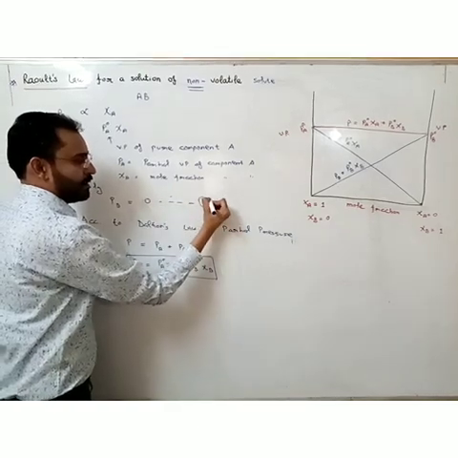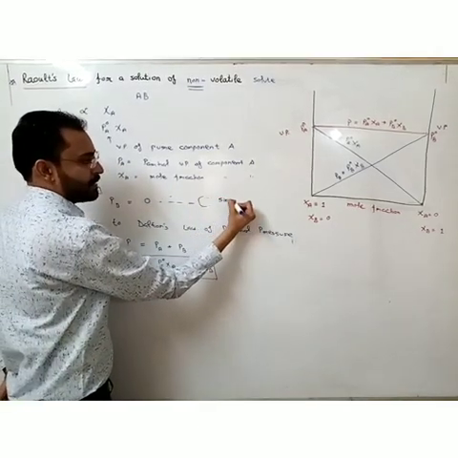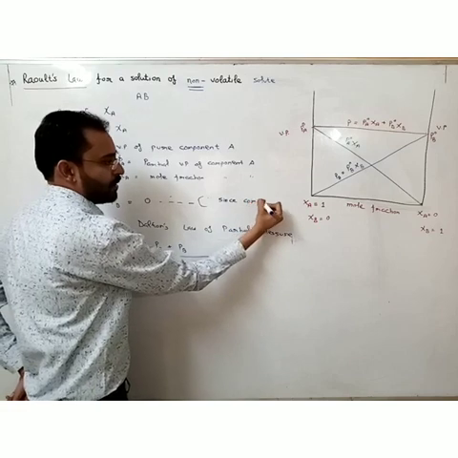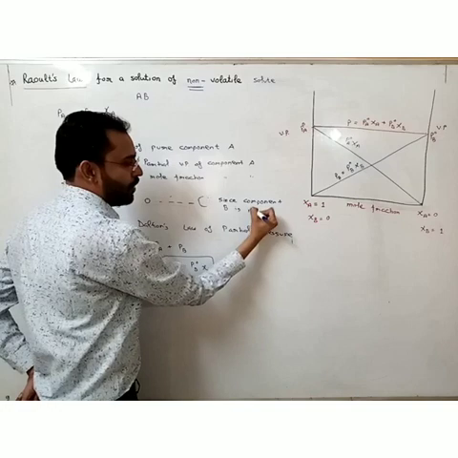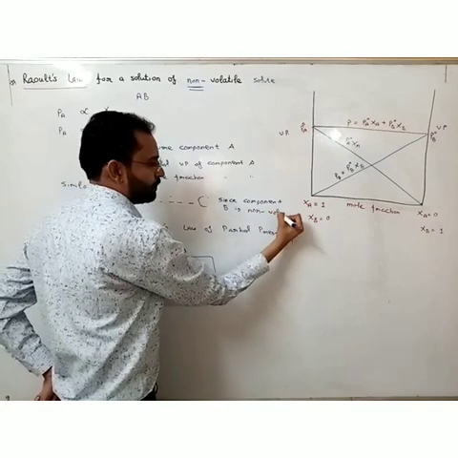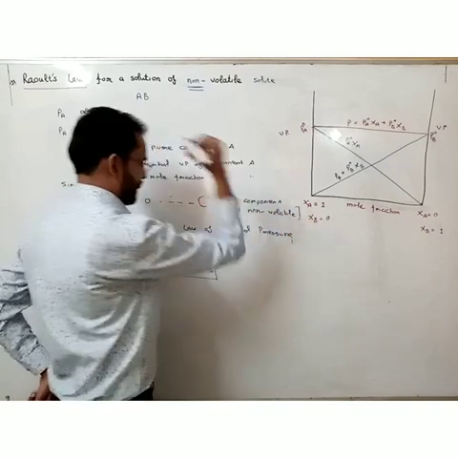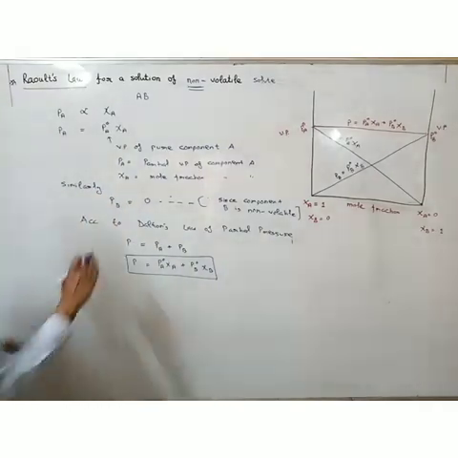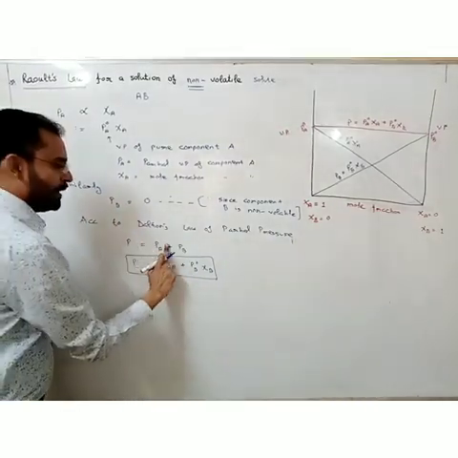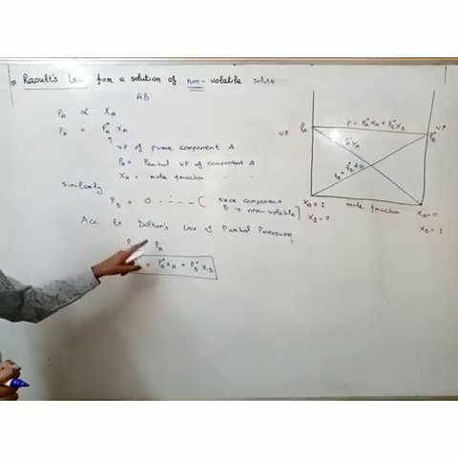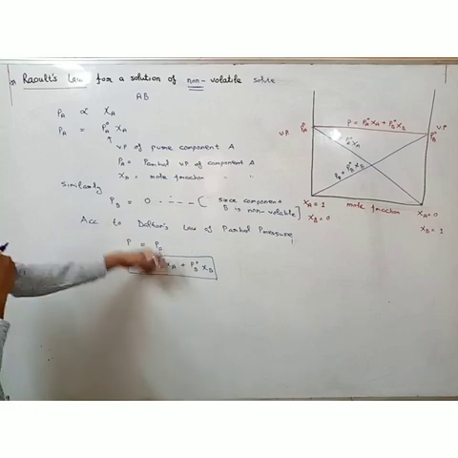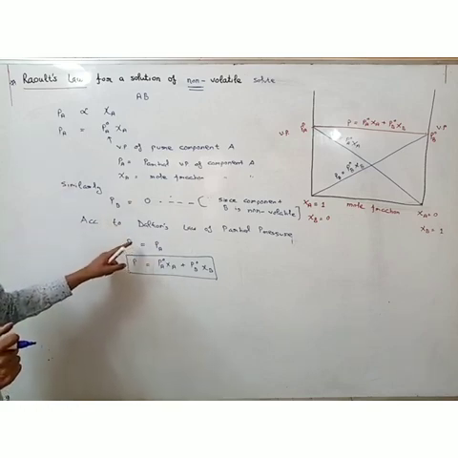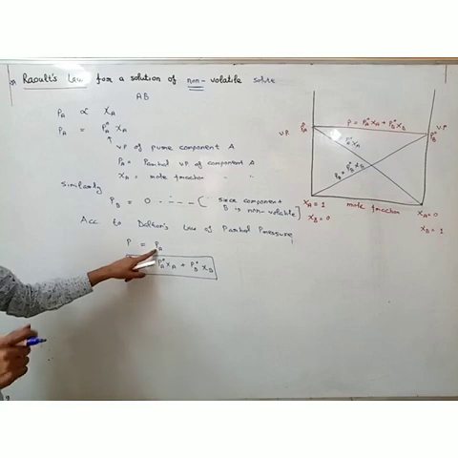Reason, since component B is non-volatile. Then vapor pressure of the solution is equal to vapor pressure of component A only. Again, vapor pressure of solution is equal to vapor pressure of component A. You can say A as solvent only.